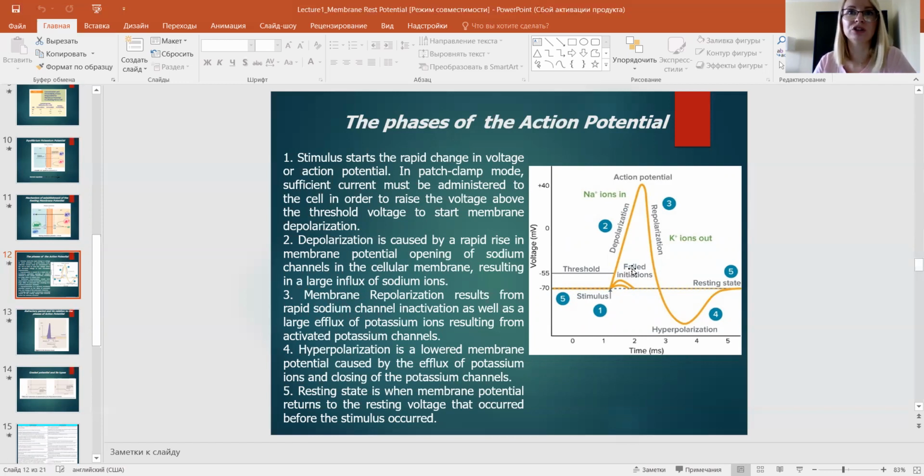But this process is relatively slow, and the extra amount of potassium ions that move out of the cell creates the third phase of the action potential, which is called afterhyperpolarization, or just hyperpolarization.